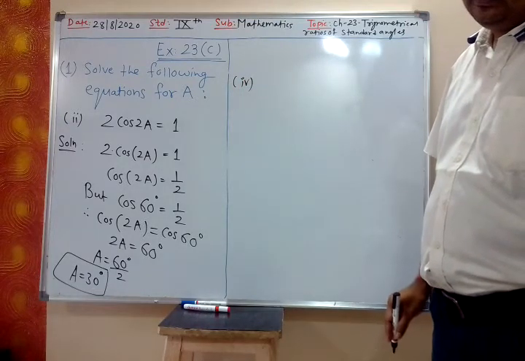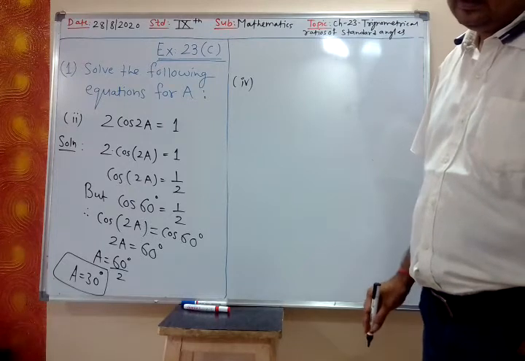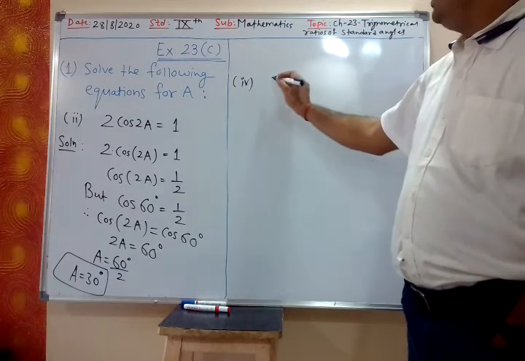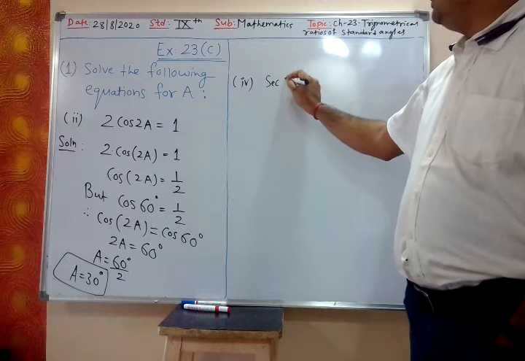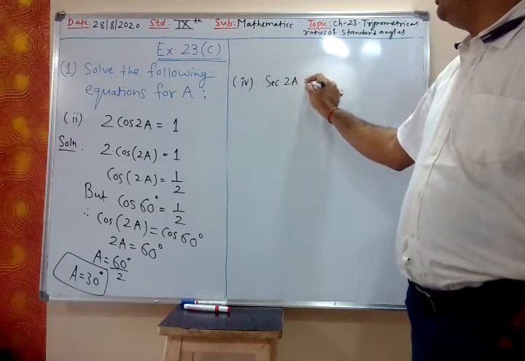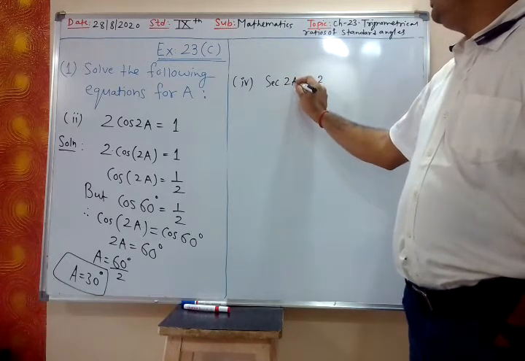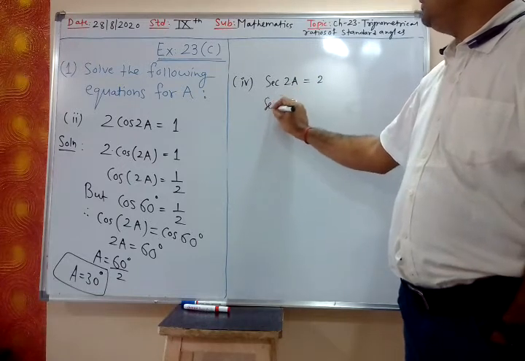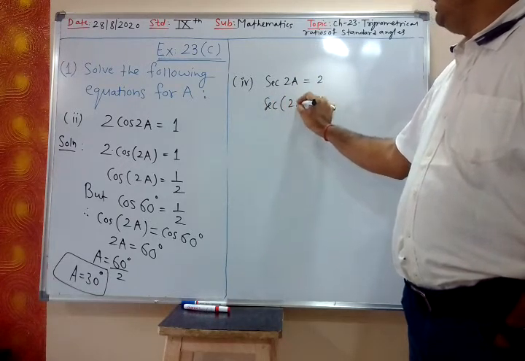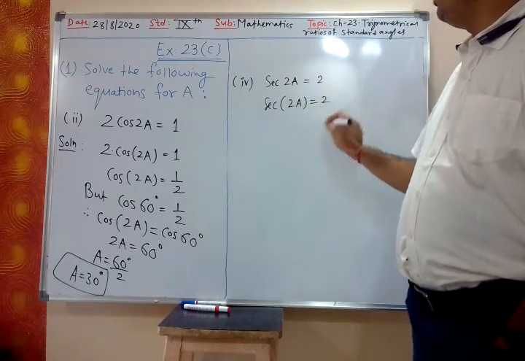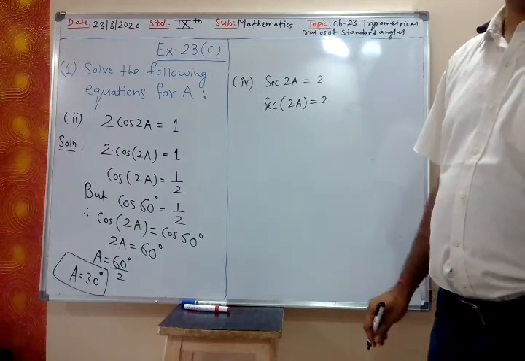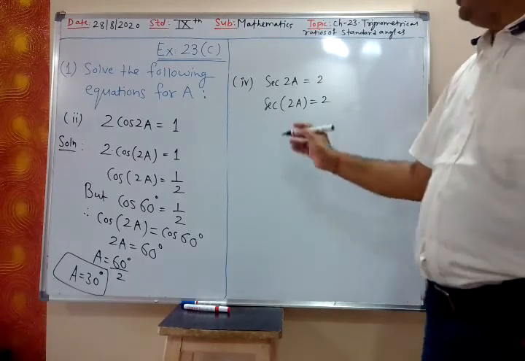Now second, third homework, 4. Sec 2A is equal to 2. Now this 2A is my angle, so we write the angle in the bracket. But what is sec? Reciprocal of cos.